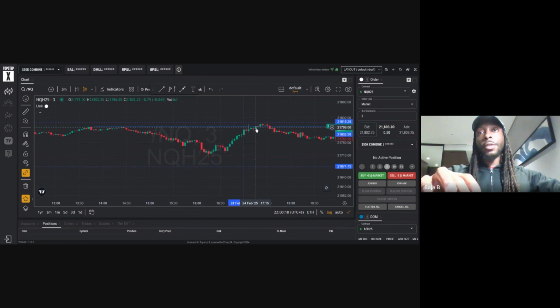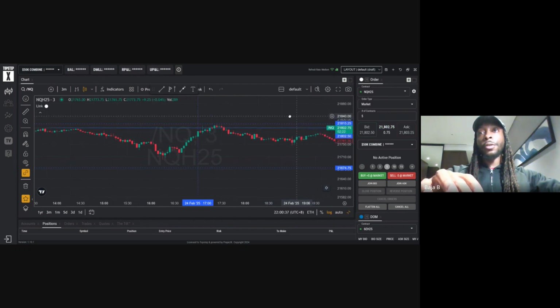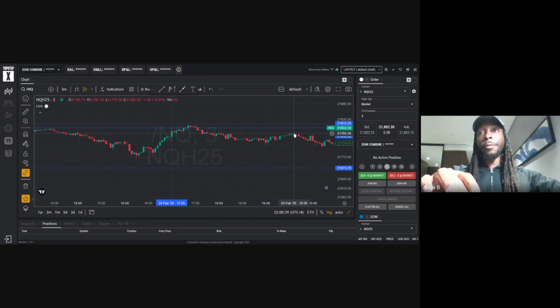Price came in, tested it, failed. RTR, boom. That was solid. And there's a little TC South, pulls in, a little drifty, but it was working. Then price started getting to a little mini range, comes in, RBR, triggers, works partially, but comes back to break even and nothing achieved.